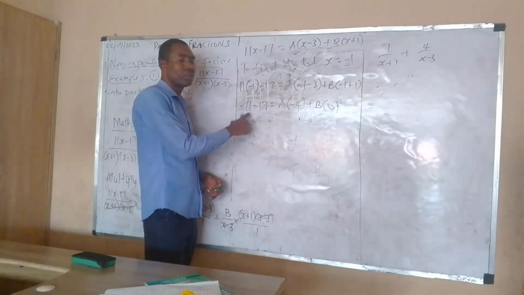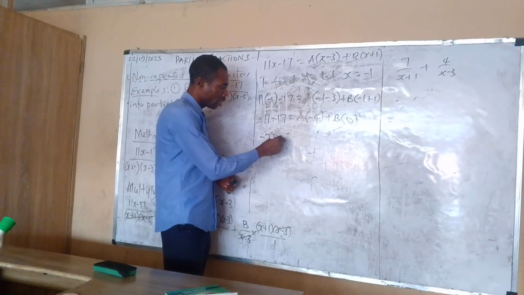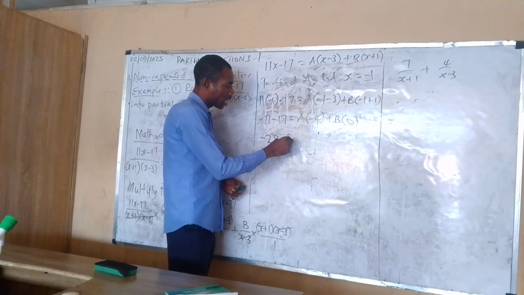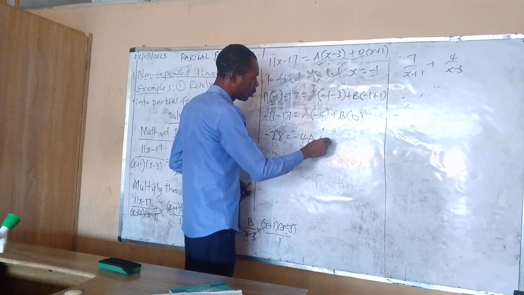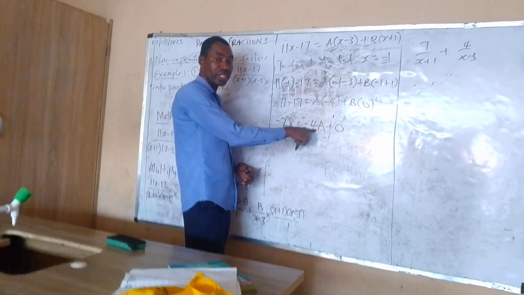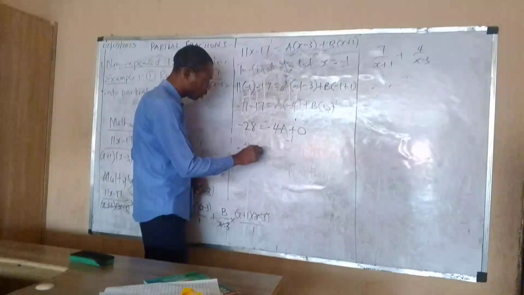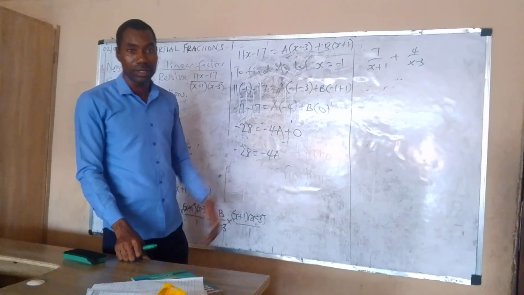Now minus 11 minus 17 is minus 28 equals a times minus 4 is minus 4a plus b times 0 is what? 0. If you add up these two, you will still get this. So we have minus 28 equals minus 4a. Now we can find a. How do we find a?